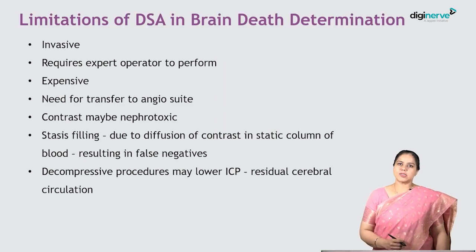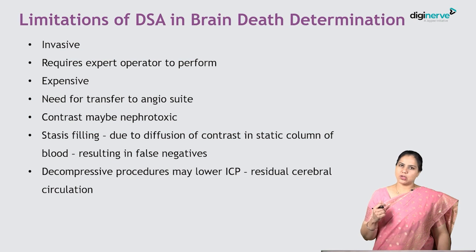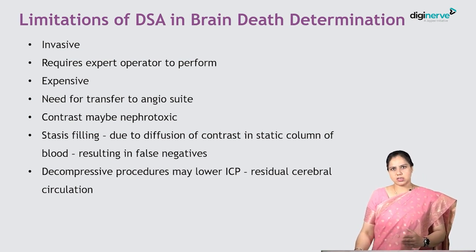Now, this is the gold standard, but the gold standard also has certain limitations. Now, what are the limitations of digital subtraction angiography in brain death determination? First of all, the foremost is it is an invasive procedure. So we need to put a catheter into the femoral artery in order to cannulate the aortic arch and inject the contrast through it so as to visualize the circulation.